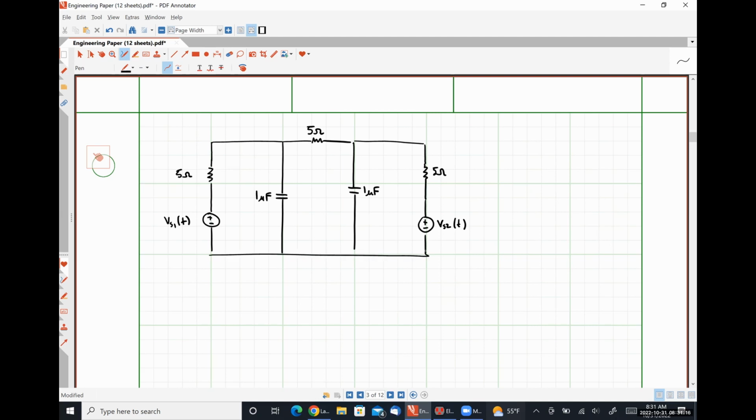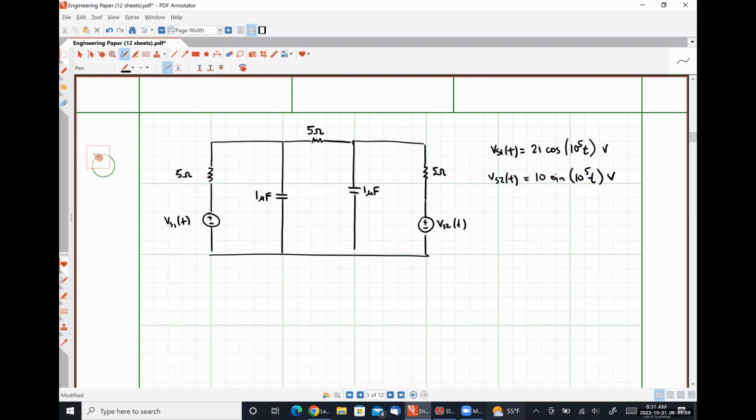All right, so let's say that VS1 of t is 21 cosine of 10 to the 5t volts, and VS2 of t is 10 sine 10 to the 5t, and I need the t to be down here, volts.